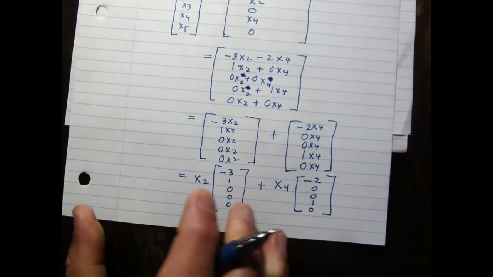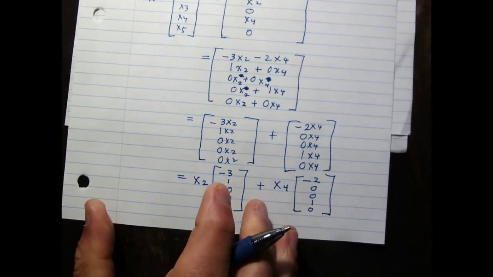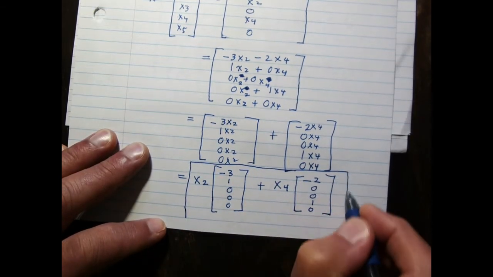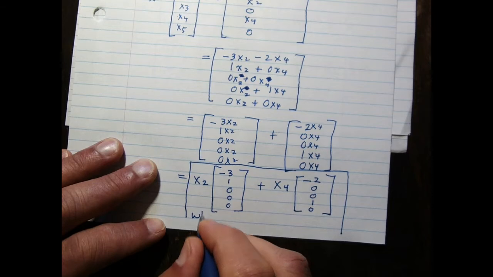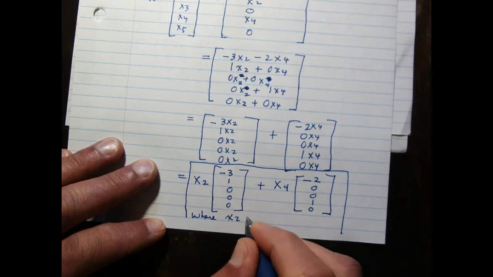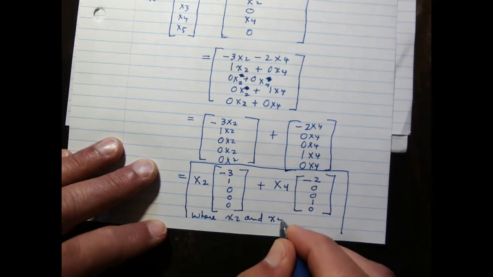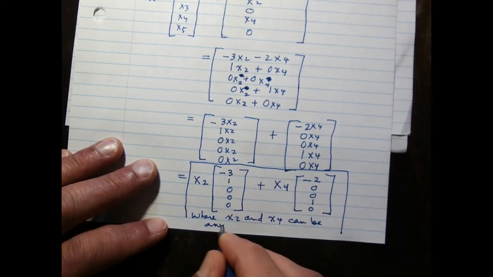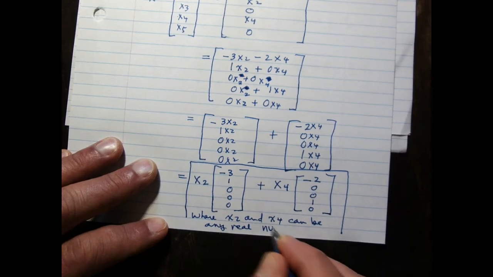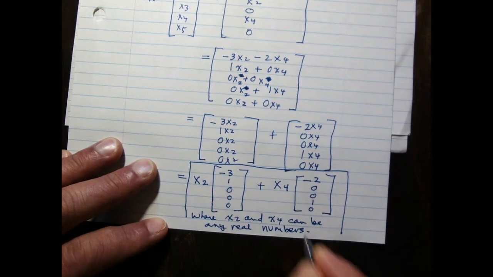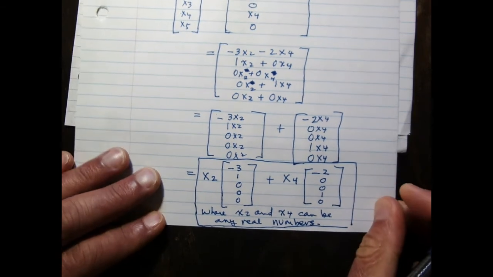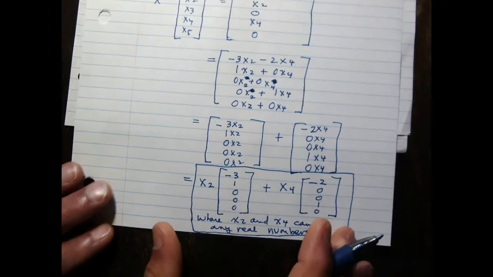And that's our general solution, where we have to add the words where x2 and x4 can be any real numbers. So that's our general solution in vector form.